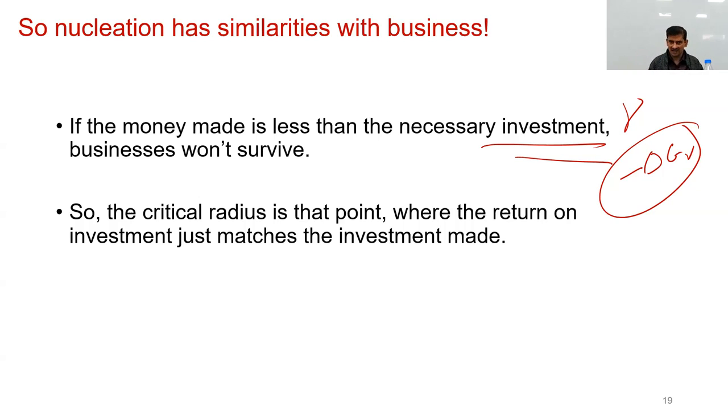Similar things happen in real life. If it's a business where we are investing much more than we are getting back, the business will shut down. And if we are earning more money than we have invested into the business, then our business will flourish. So that's a nice example. R less than r star is a dying business, and r greater than r star means a flourishing business.